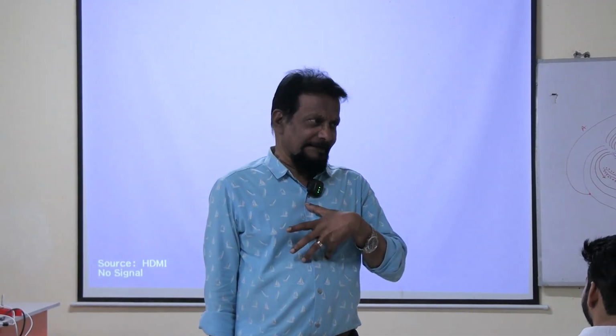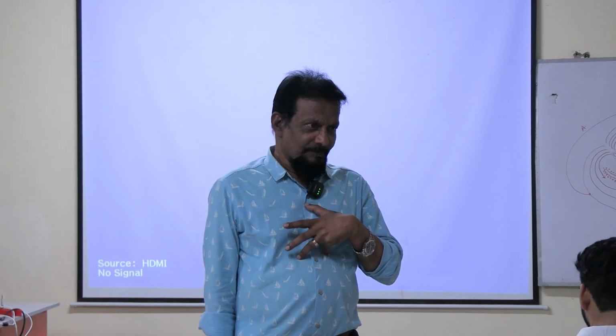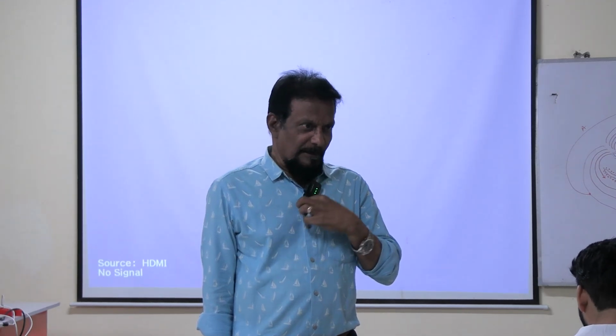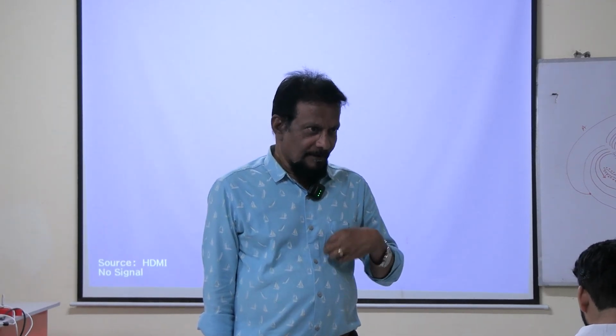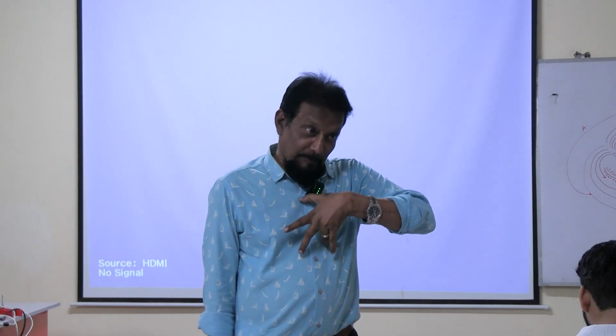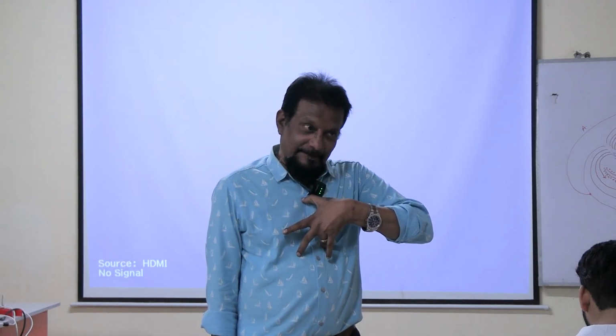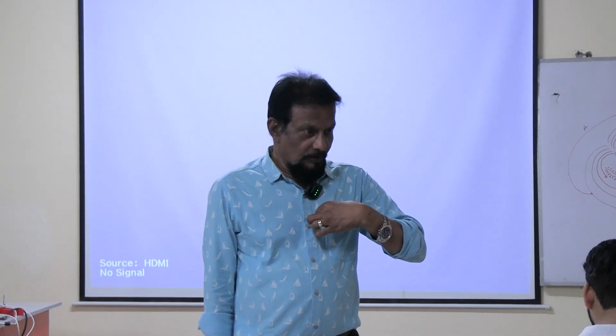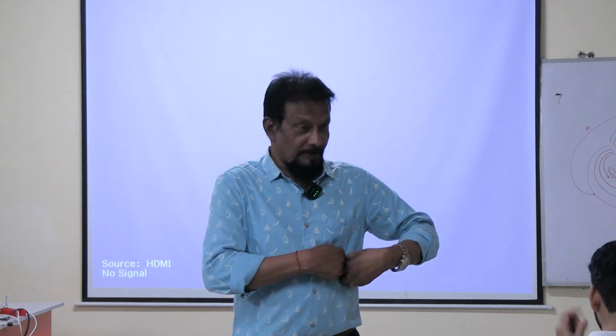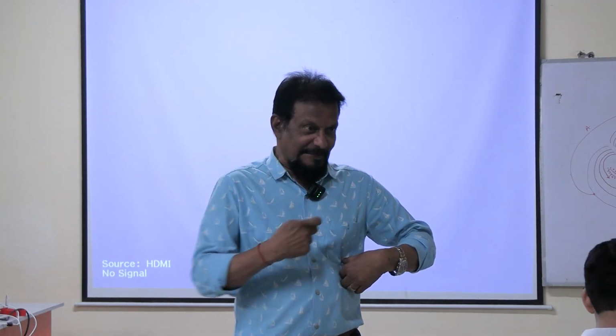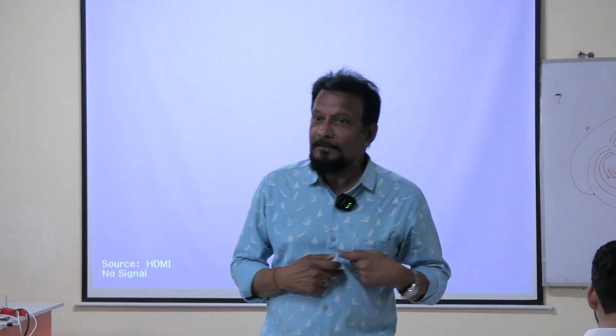So let us draw a line from V2 to V4. The center of this line is the location of V3. Is it clear?